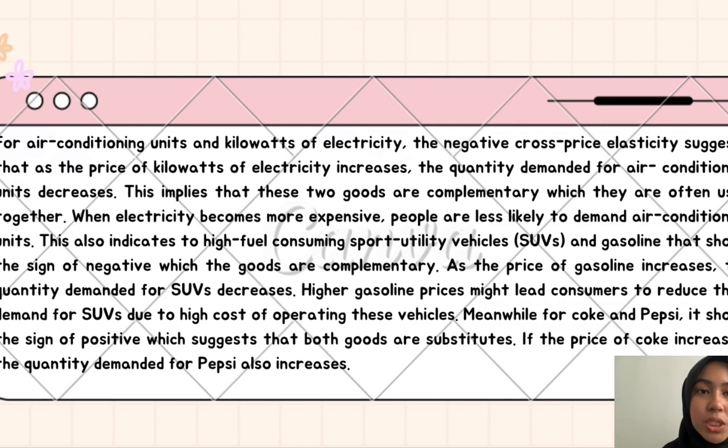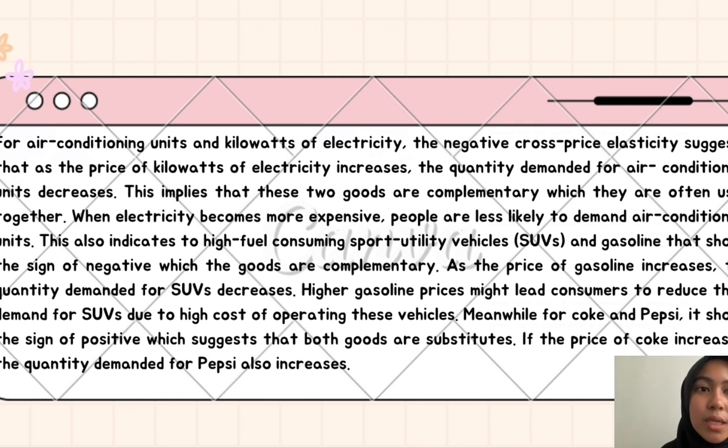For air conditioning units and kilowatts of electricity, the cross price elasticity is negative: as the price of electricity increases, the quantity demanded for air conditioning units decreases. This implies that these 2 goods are complementary, as they are often used together. When electricity becomes more expensive, people are less likely to demand air conditioning units.